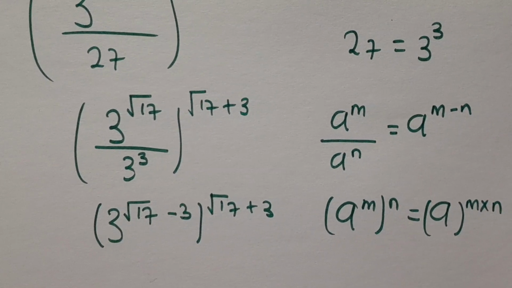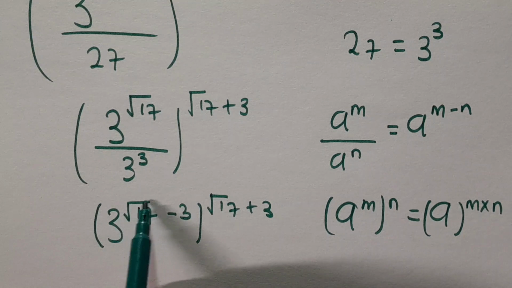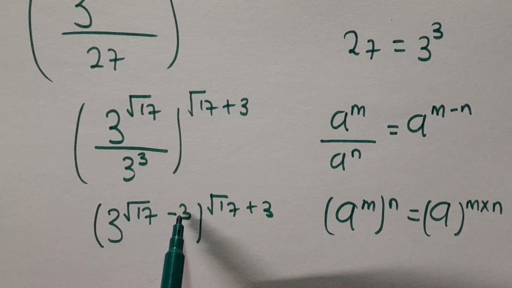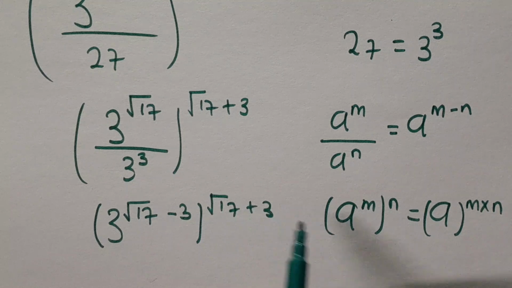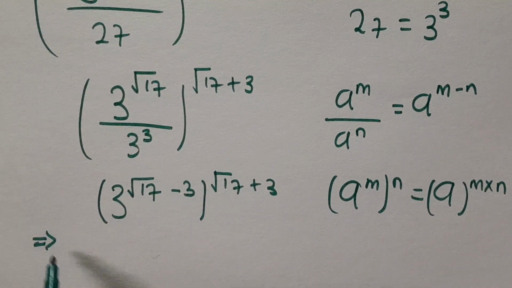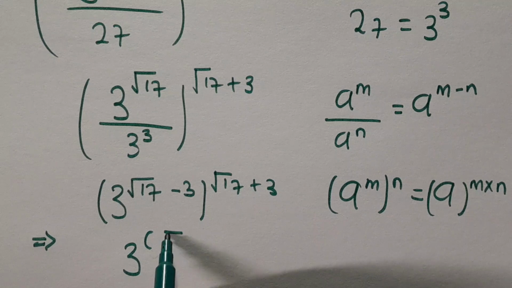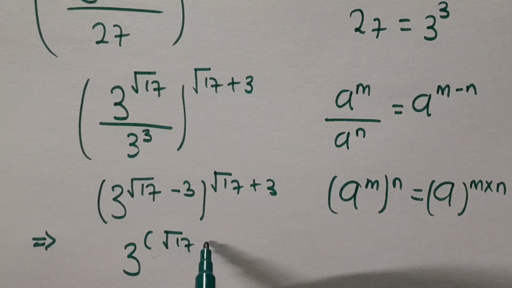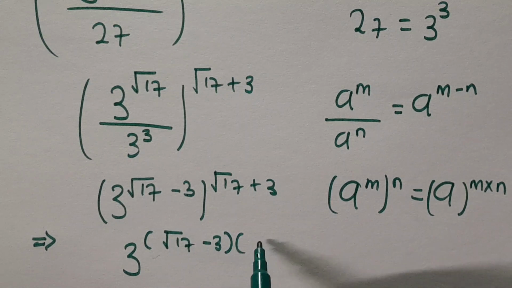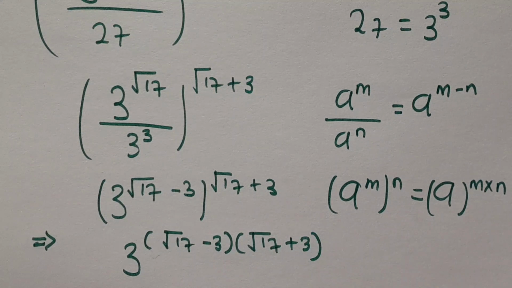So in that case, we have 3 raised to √17 minus 3 multiplied by √17 plus 3.